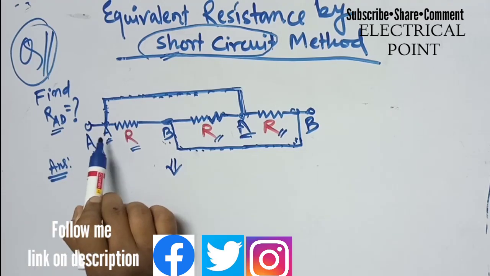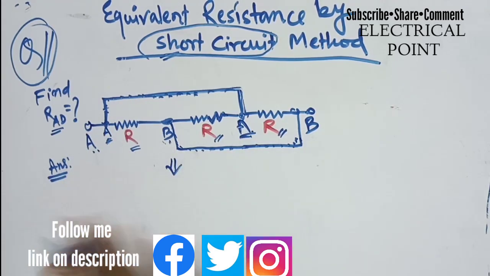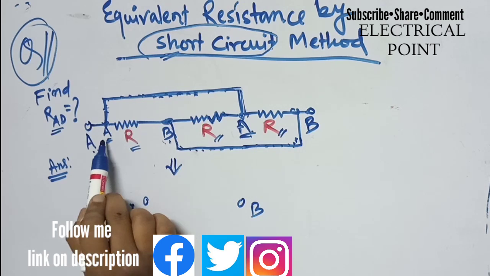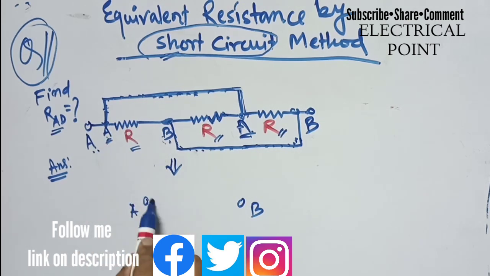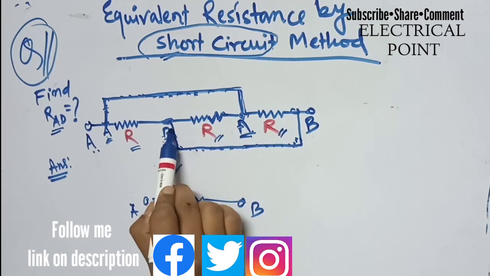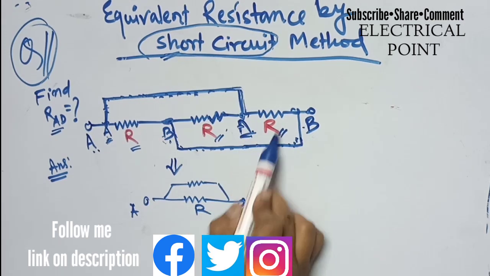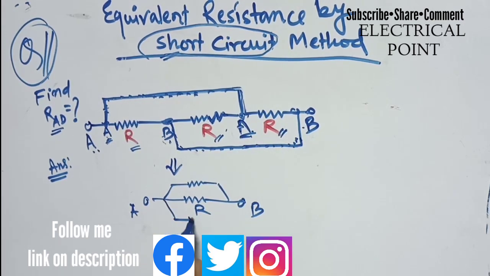You can see only A and B points are left. So write these 2 points like this. In between A and B there is a resistance of R, again between A and B there is a resistance of R, and again between A and B there is a resistance of R. So this is our simplified diagram.